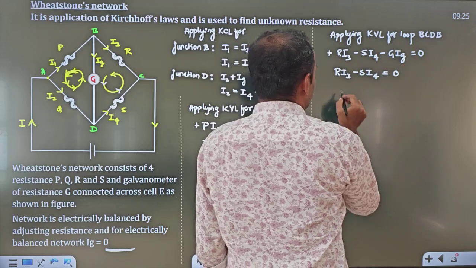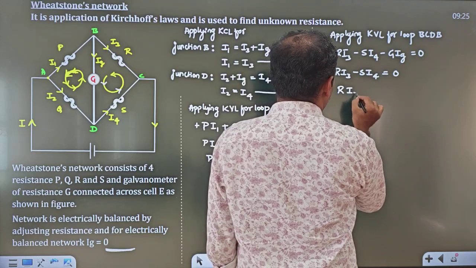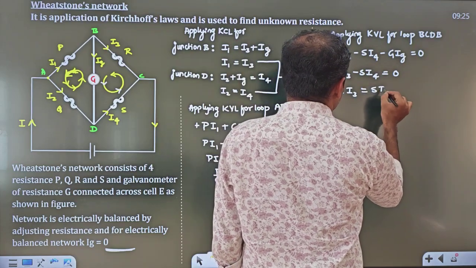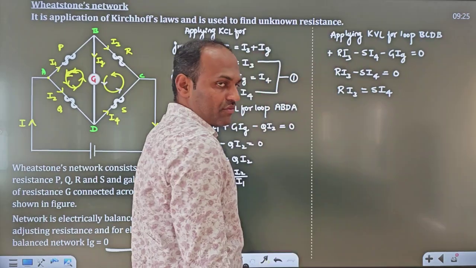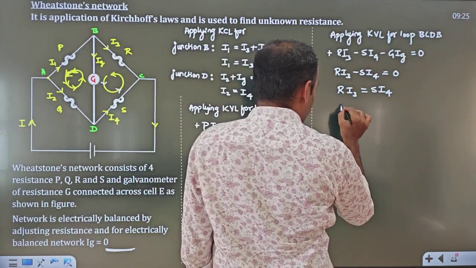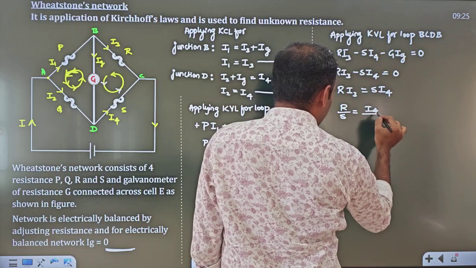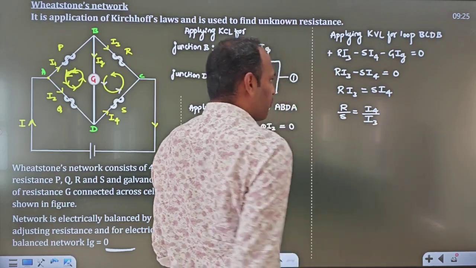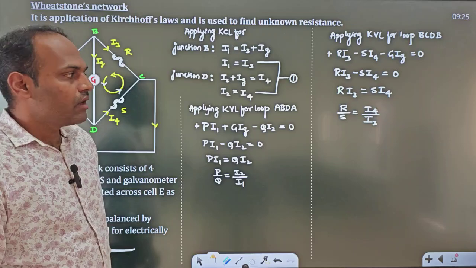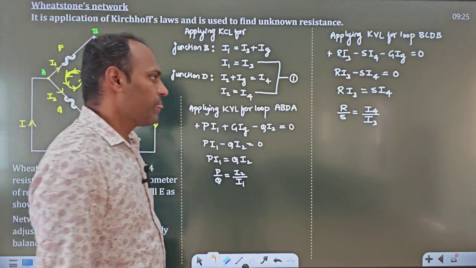Shift this SI4 to that side. I will get RI3 is equal to SI4. Correct? Then I can write it as R divided by S is equal to I4 divided by I3.